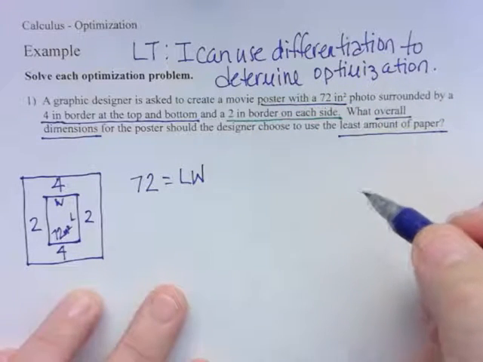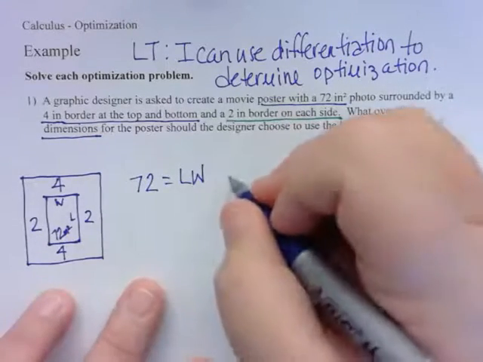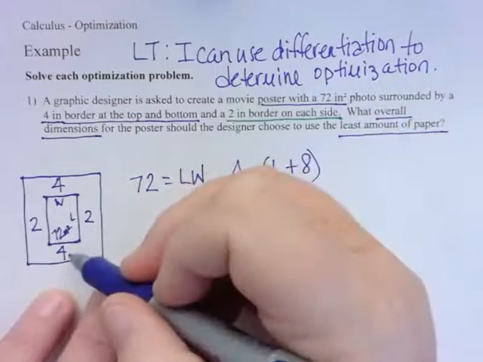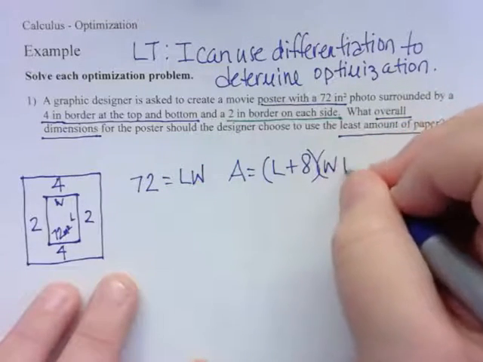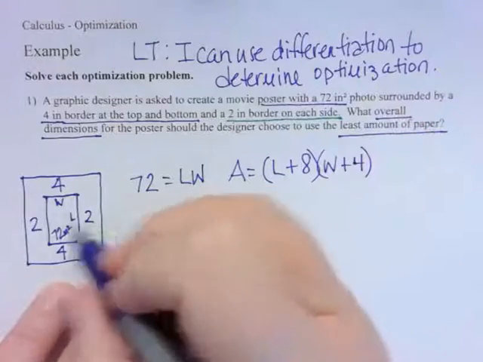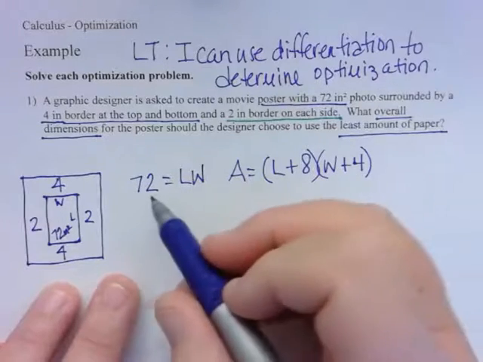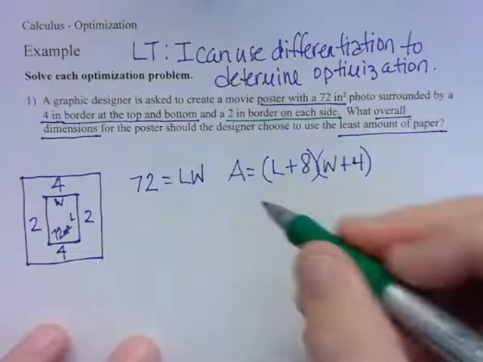And then I need an area equation for the entire poster. The entire poster, then, the area would equal the length plus 8, 4 for the border for the top and 4 for the border for the bottom, times W plus 4, 2 on each side of the W. So my next step would be to solve the area equation 72 equals LW for either length or width so that I can substitute into my first equation or my second equation.